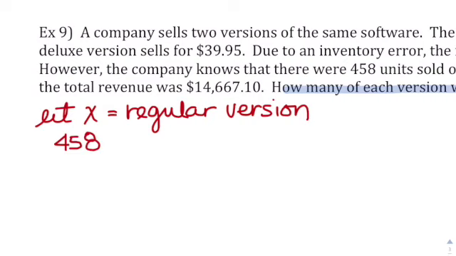So if 458 is all the versions together, minus the regular one, you will have the deluxe left. So 458 minus X equals the deluxe.